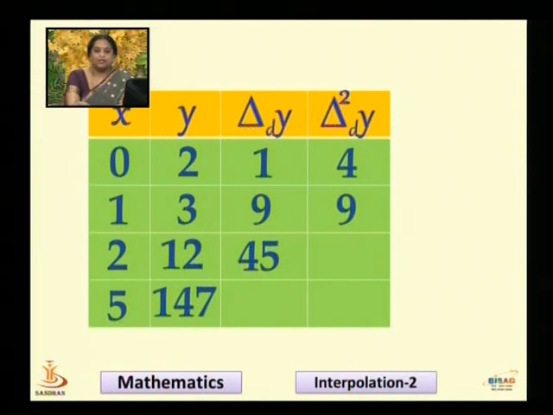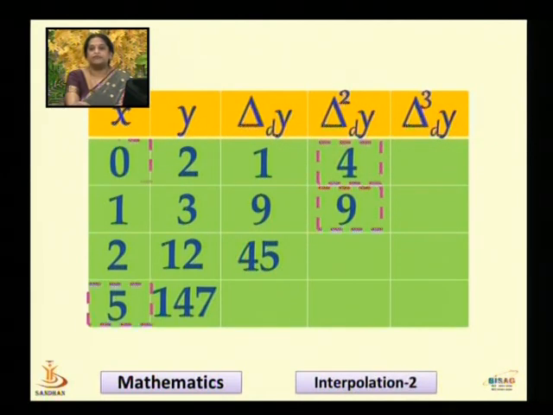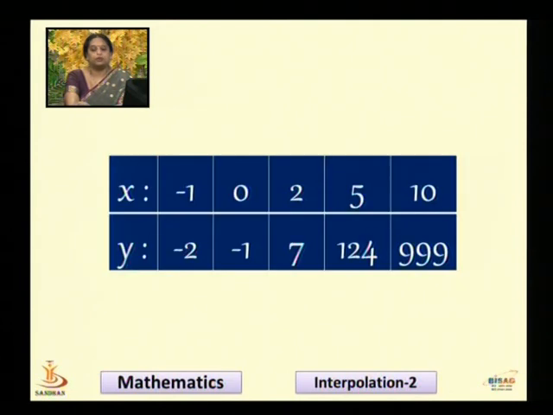In this case, we have computed only up to second order since we have got a table of 4 points. Let us compute the third order divided difference, which is given by delta d cube y1, which is equal to 9 minus 4 divided by 5 minus 0, which is equal to 1.